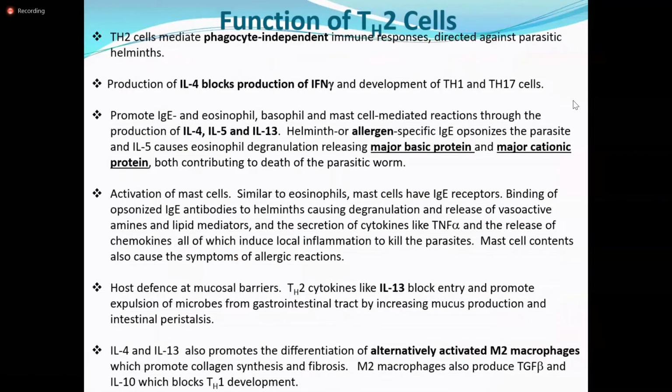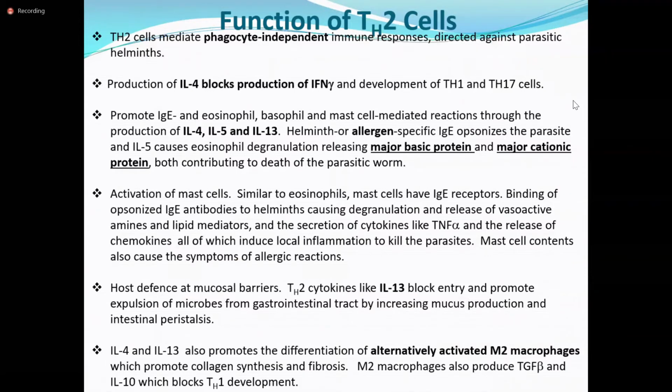Th2 cells, which are blocked by interferon gamma, are associated with adaptive immune responses to parasitic microbes, particularly helminthic worms.